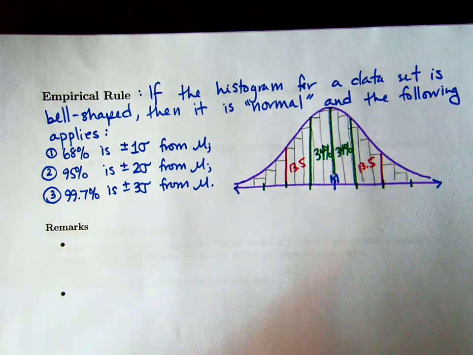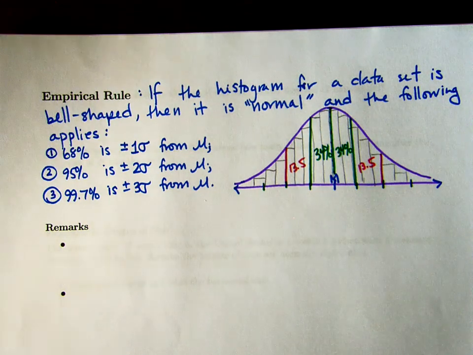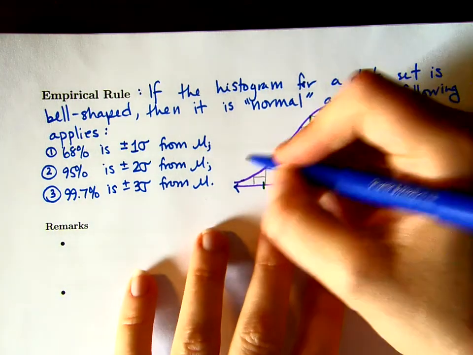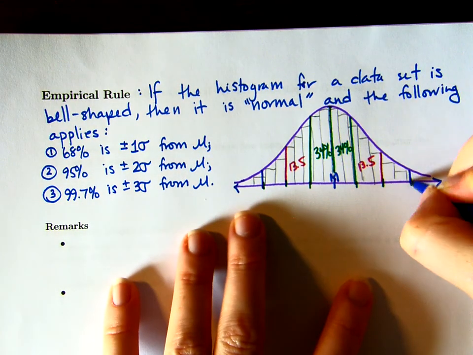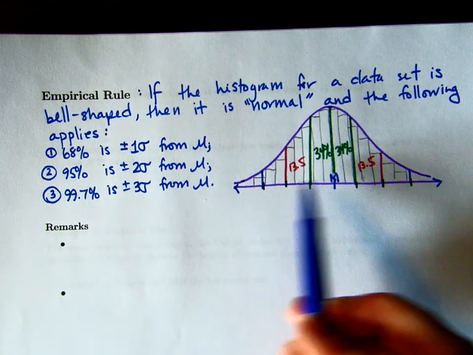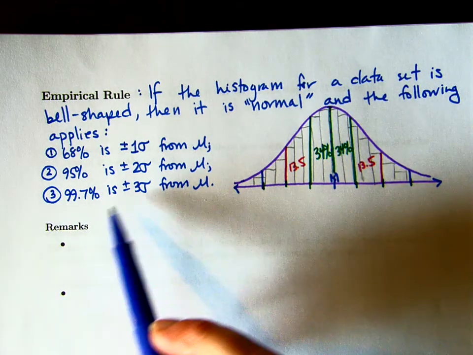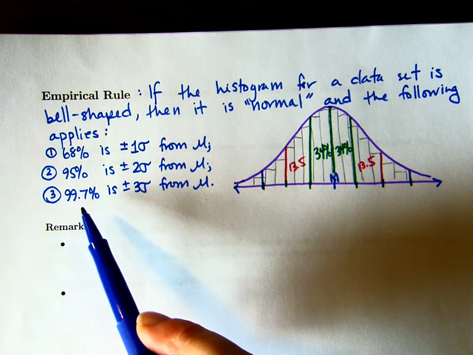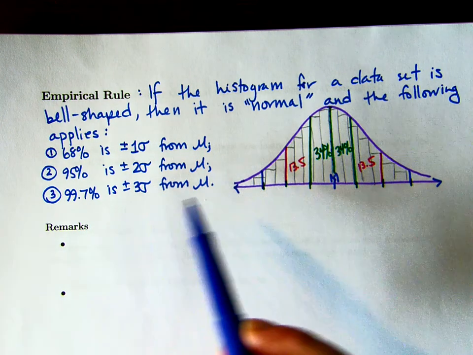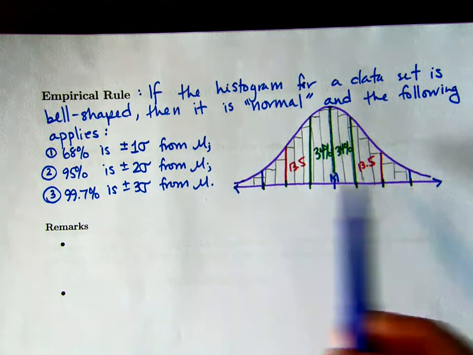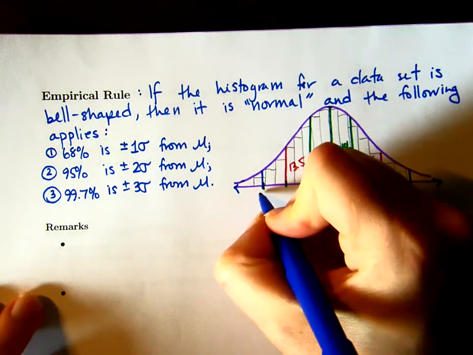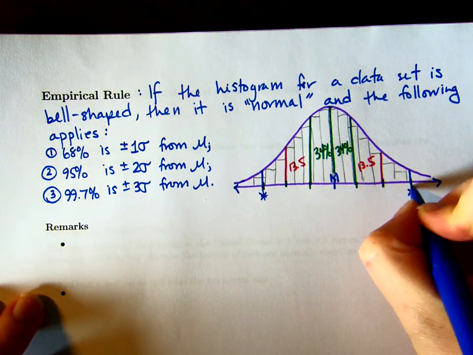Okay, and then they're saying this empirical rule for normalcy is that if you go out 3 standard deviations, well, then you have almost all of the data. You have 99.7%, if it's normal, living between this value and this value.